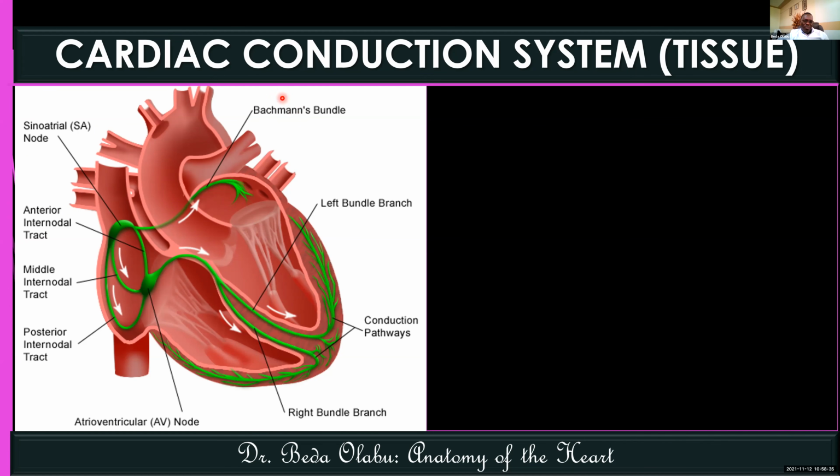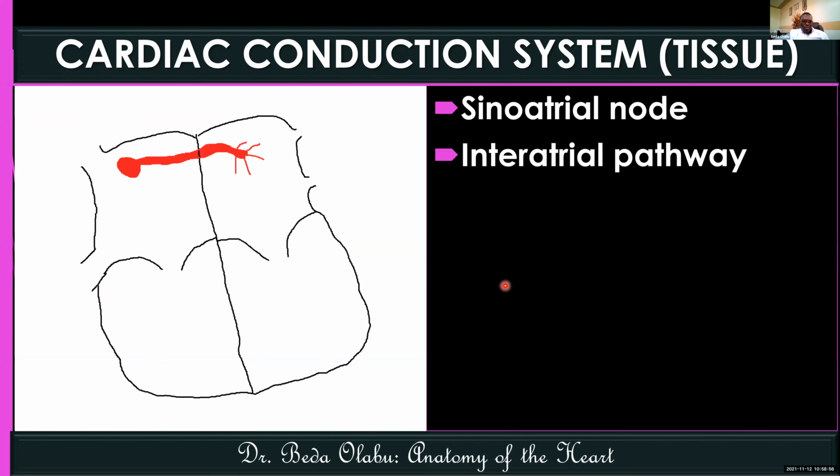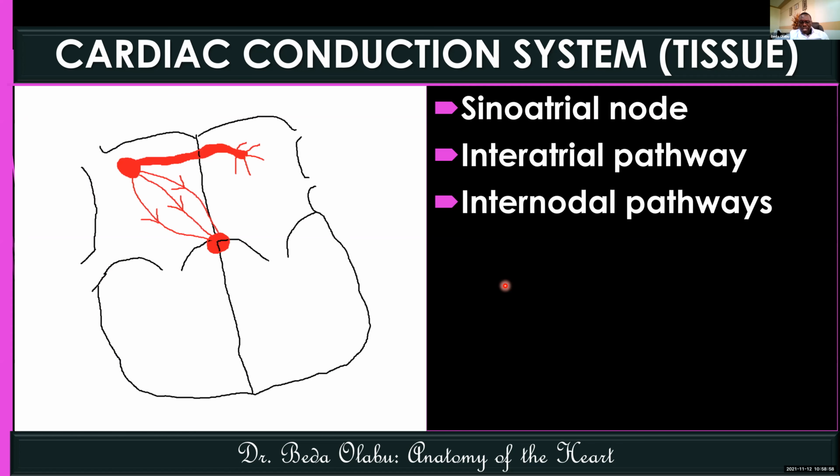I told you there are some funny names of people. Sorry, these are the interatrial or the internodal pathways to the AV node, then through the bundle of His, to the bundle branches and the like. We use this particular image to give us that storyline of how impulses travel.